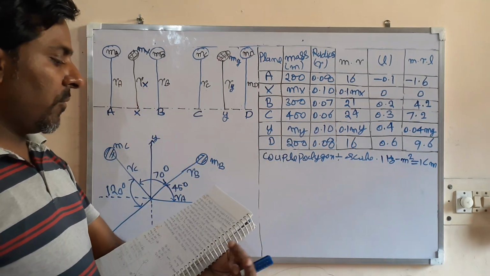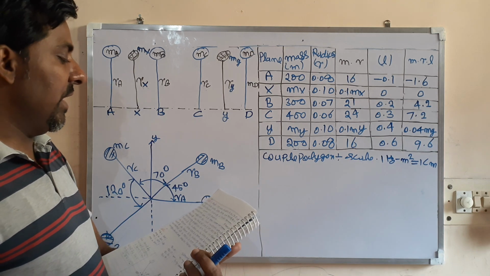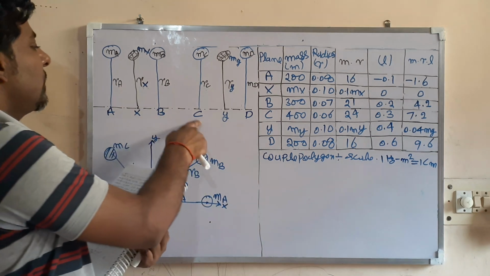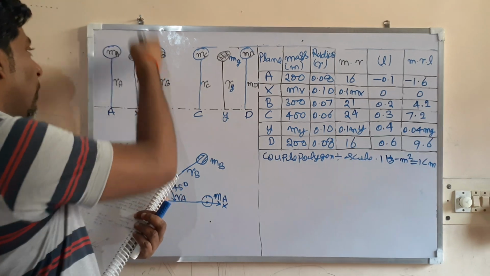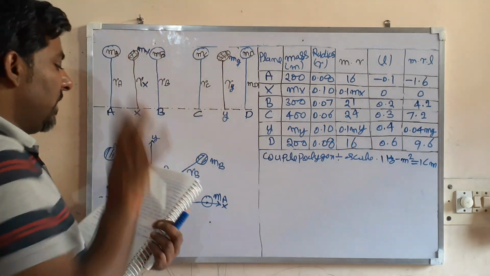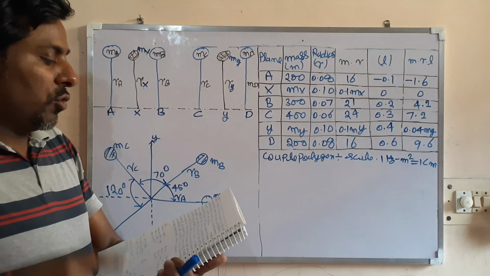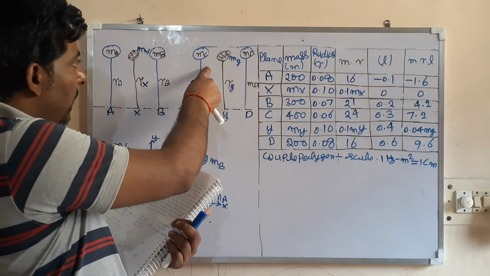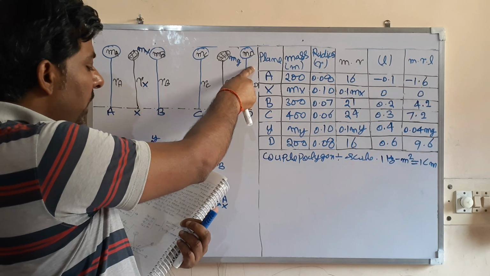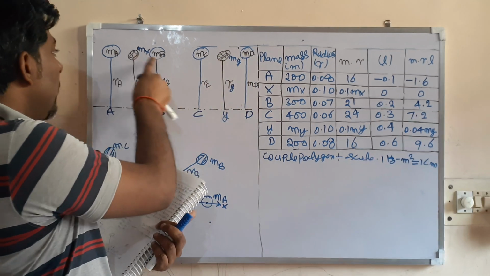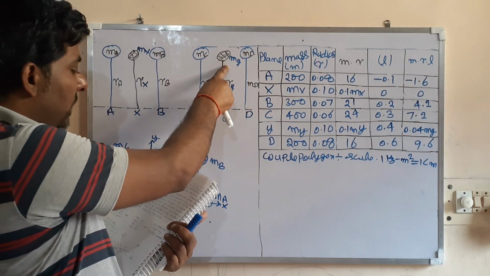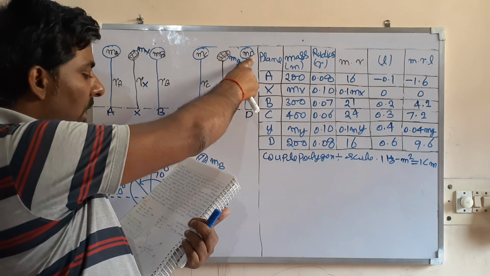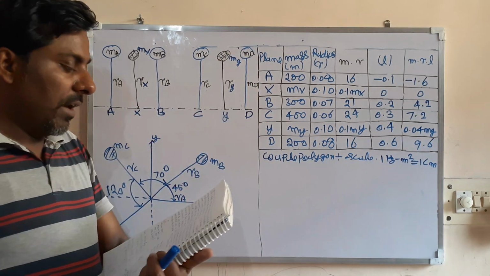A shaft carries four masses A, B, C, D. So there are four planes A, B, C, D, and four masses MA, MB, MC, MD of magnitude 200 kg, 300 kg, 400 kg, and in plane D, MD is 200 kg respectively.